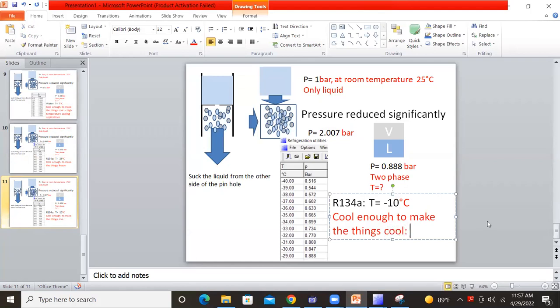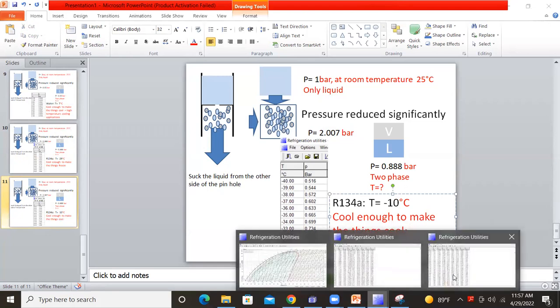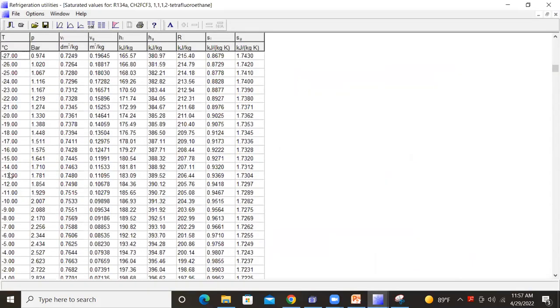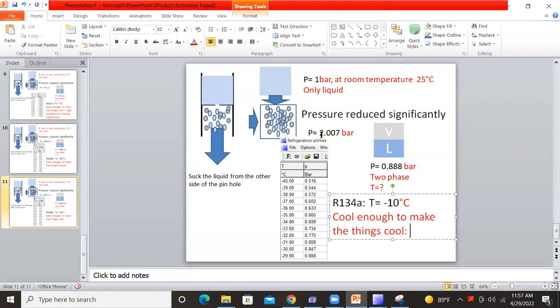So shall we take up to minus 15? Yes, maybe 1.647 bar. So temperature is minus 15. So cool enough to make things, not freeze, but cool or freeze.